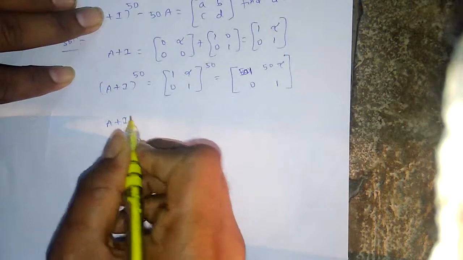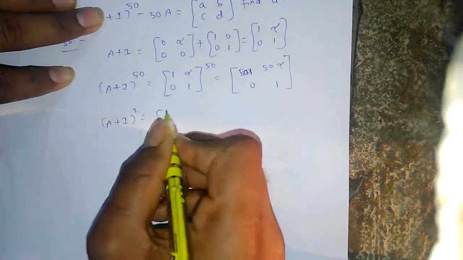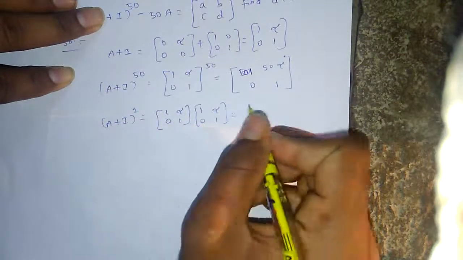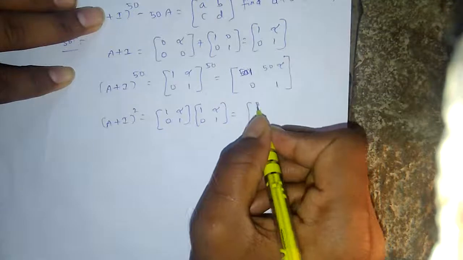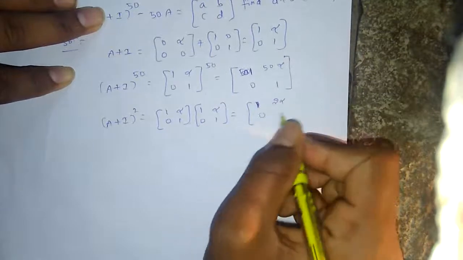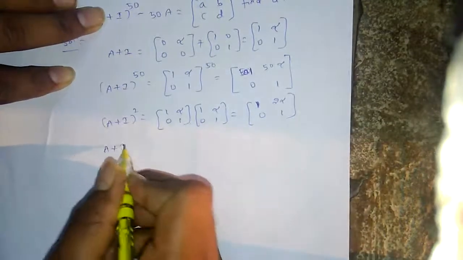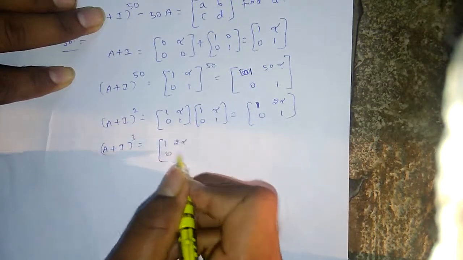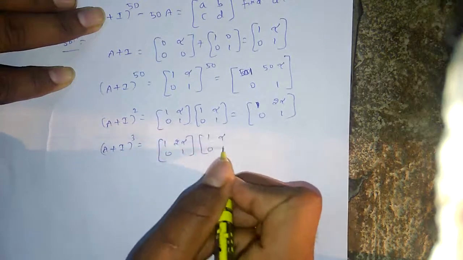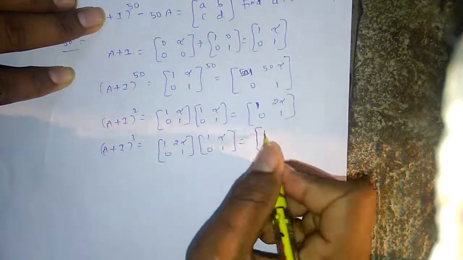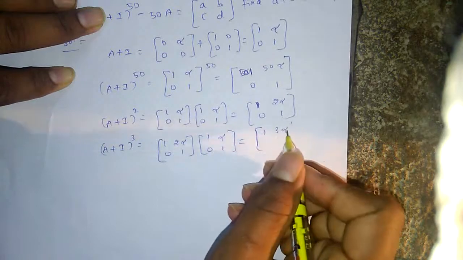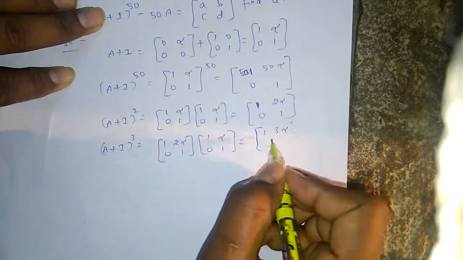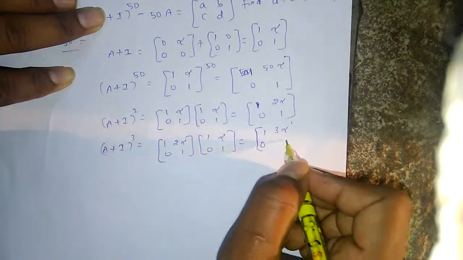So you can verify this. (A plus I) whole square: [1, alpha; 0, 1] times [1, alpha; 0, 1]. If we find this, you will get [1, 2 alpha; 0, 1]. Similarly (A plus I) whole cube, [1, 2 alpha; 0, 1] times [1, alpha; 0, 1], you will get [1, 3 alpha; 0, 1].